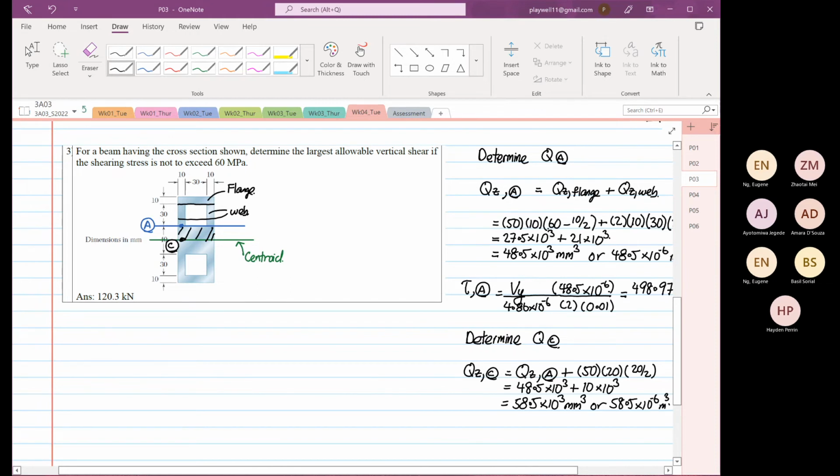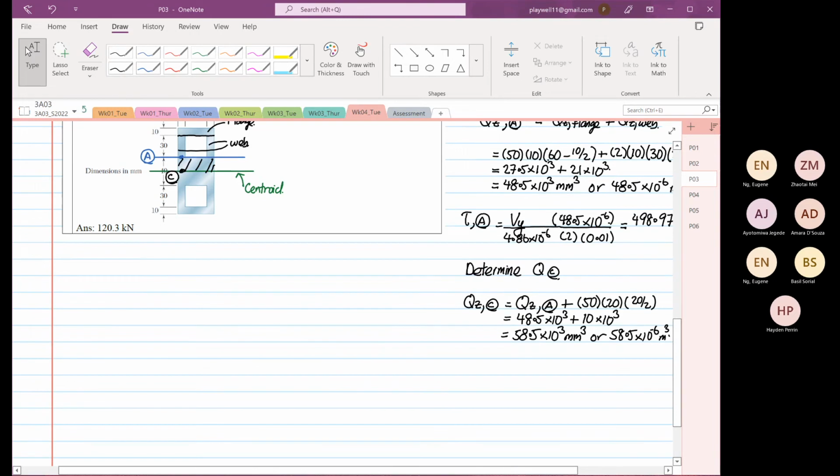Then from here, we are going to find the shear stress at point C. So shear stress at point C is still the same Vy over 4.86 times 10 to the power minus 6, and then you have 58.5 times 10 to the power minus 6. Now the thickness is different.